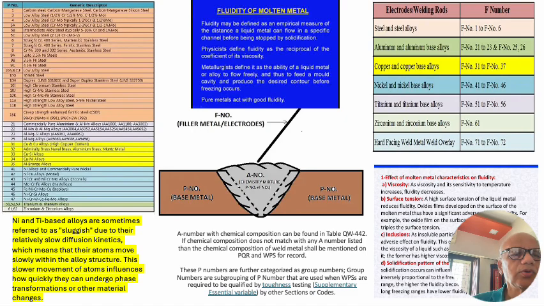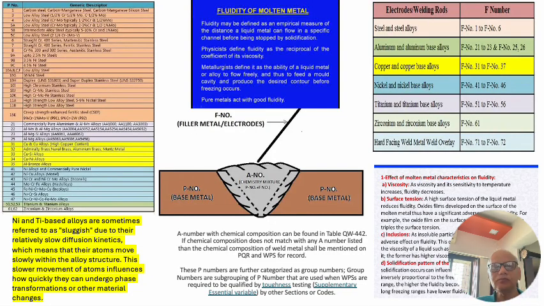If you go to 11, it is the high strength low alloy steels. Or if you go to 21, it is for aluminium. If you go to 40 series, then it is for nickel based alloys. If you go to 50 series, it is for titanium. 60 series is for zirconium.